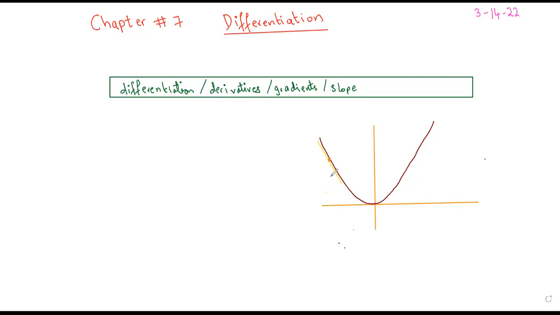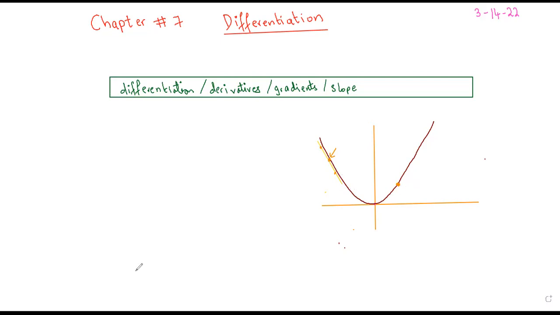Now, in order to find the gradient at this point, we cannot use the curve. We need to use any 2 points on the tangent. Since the tangent is a line, we can use the formula m equals y2 minus y1 divided by x2 minus x1, right? But that is going to be very time taking, and that won't be exact.